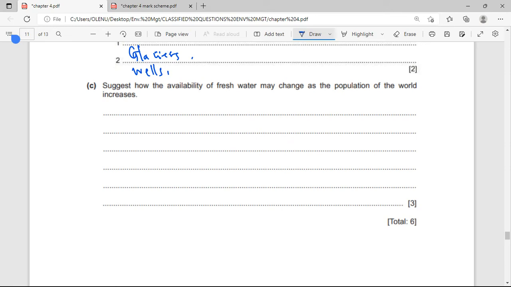Because of the increase in population, the use of water will also increase in those aspects. As a result, the amount of fresh water available will decrease, and increasing population will also sometimes lead to pollution of these major water sources. So that's an effect.